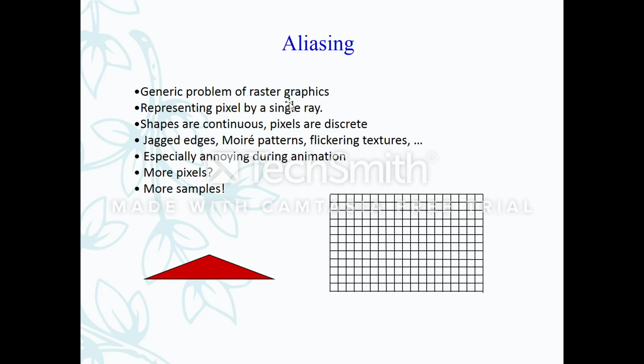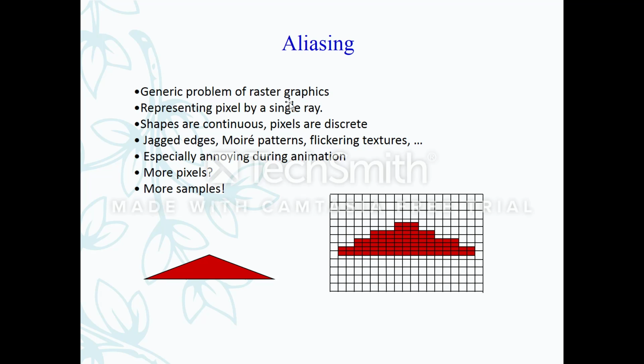The next topic is aliasing, a generic problem of raster graphics. What is aliasing? As you can see, an entire pixel can be only one color. The real object has a clear image differentiation, but when this image is represented pixel-wise, we cannot get that difference because every pixel can have only one color.